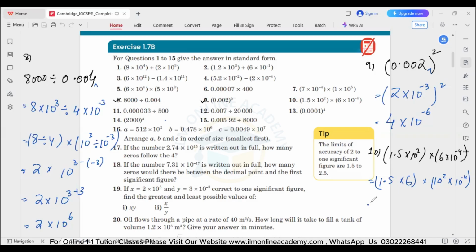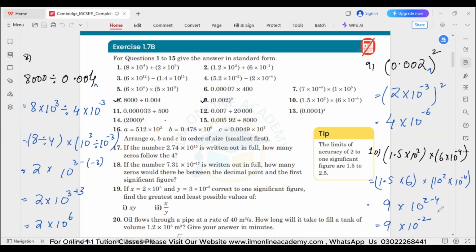If I multiply 6 with 1.5, I'm getting 9. And the powers you can add: we have 2 and -4, and 2 plus -4 gives you -2. So 9 times 10 raised to the power -2.